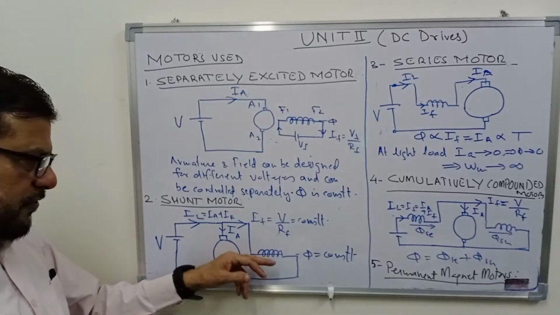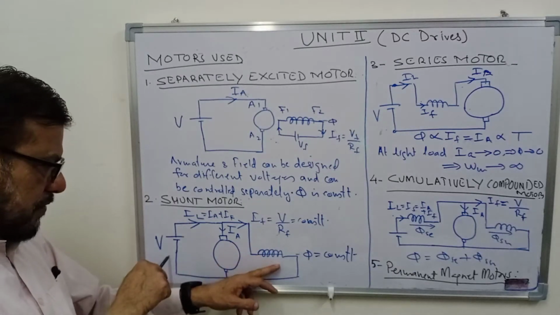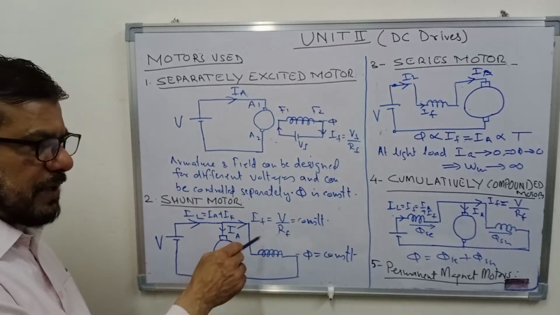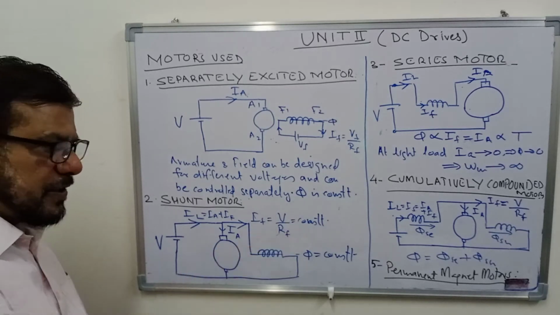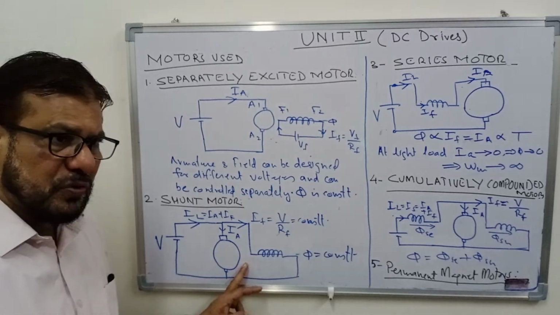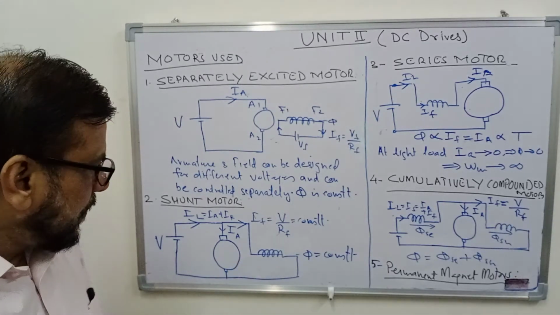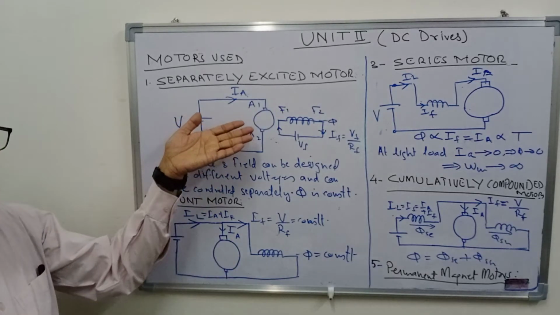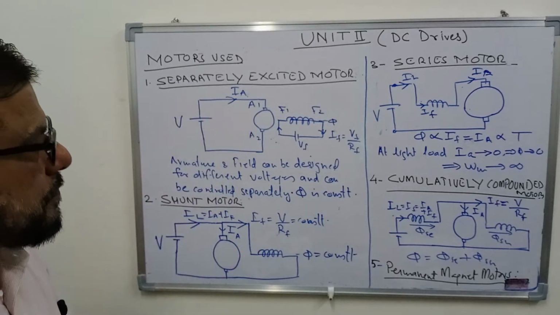If you want to vary the flux phi without changing the voltage here, the only way is to insert some resistance here, and by varying that resistance you can vary the current in the field winding, and therefore the flux produced by the field winding. So this is almost the same as the separately excited DC motor.